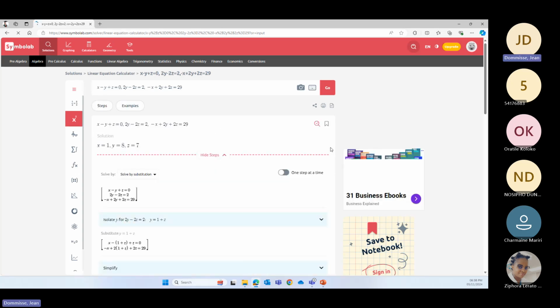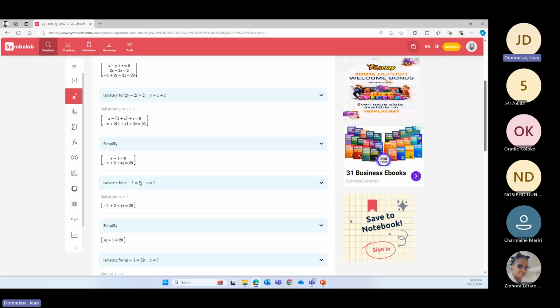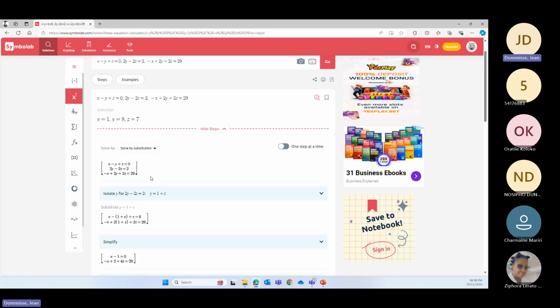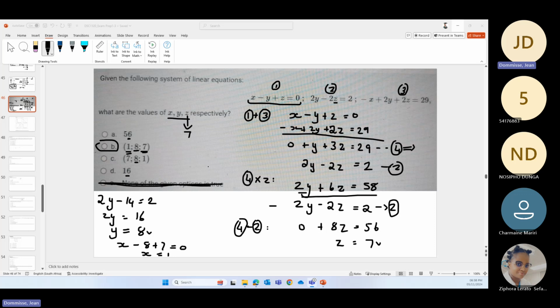And again, why I like this is that, yes, you get the answer, but they also show you step for step how to work it out. And that for me is nice. So if you are struggling with a linear equation formula and you just don't know how to get to the answers, use one of our online tools to assist you.